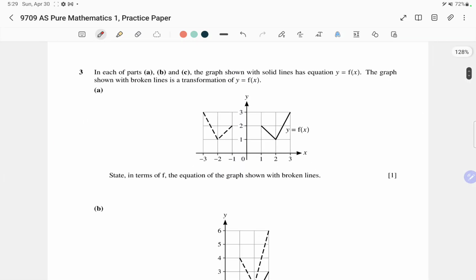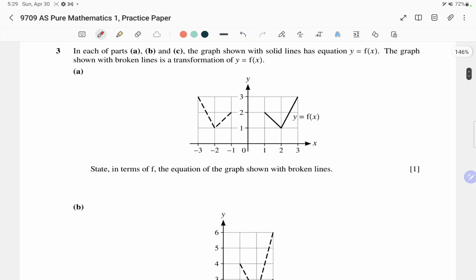This question says, in each of parts a, b and c, the graph shown with the solid line has equation y equals f(x). The graph shown in broken lines is a transformation of y equals f(x). Then state in terms of f the equation of the graph shown in the broken lines, in terms of f only, okay, not in this statement.